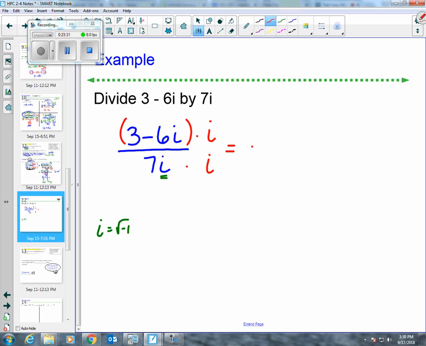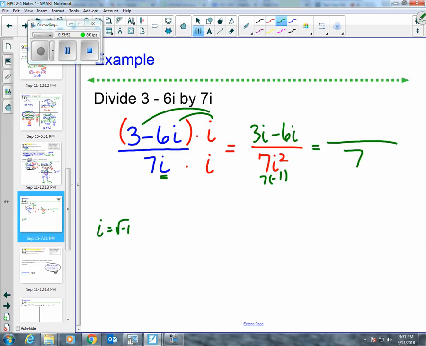Watch what happens. In the denominator, you get 7i squared, which seems like you still have an issue, but remember, i squared is negative 1, so really in the denominator, you just have a 7. We're shooting for a whole number here, so we can simplify it out and look at the real part and the imaginary part. In the numerator, just distribute. So we have 3i minus 6i squared.